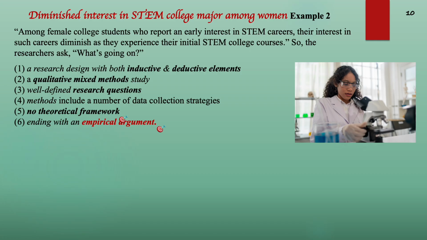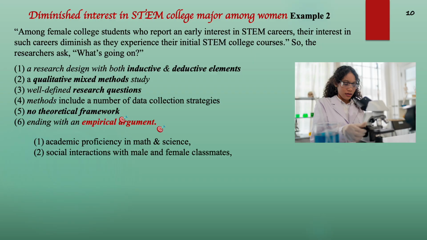The researchers looked at a number of important variables or possible factors. Included were one, academic proficiency in math and science. Two, social interactions with male and female classmates. And three, evaluation of their relationship with the professor or instructor.